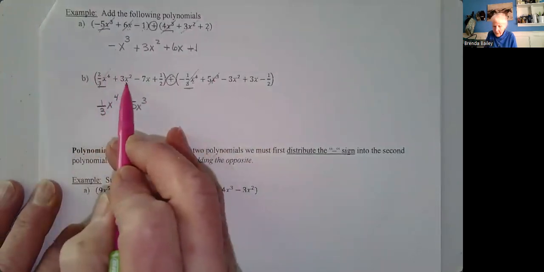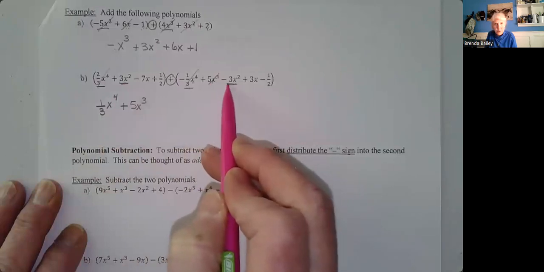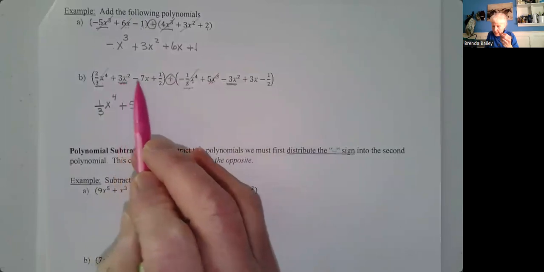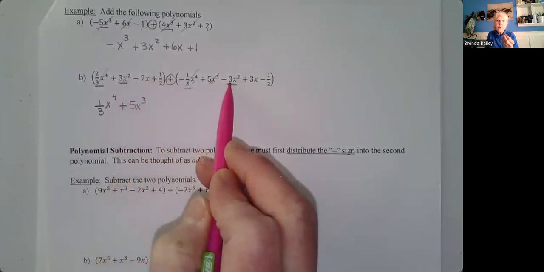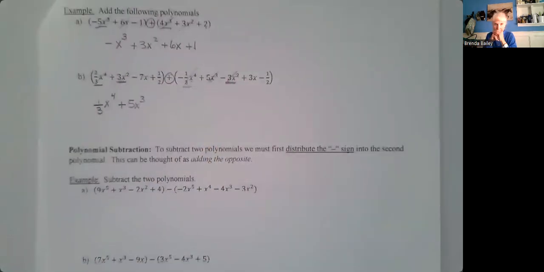I have a positive 3x squared and a negative 3x squared. Well, 3 plus a negative 3 is 0. They're gone. We won't even write them down. They add up to 0.